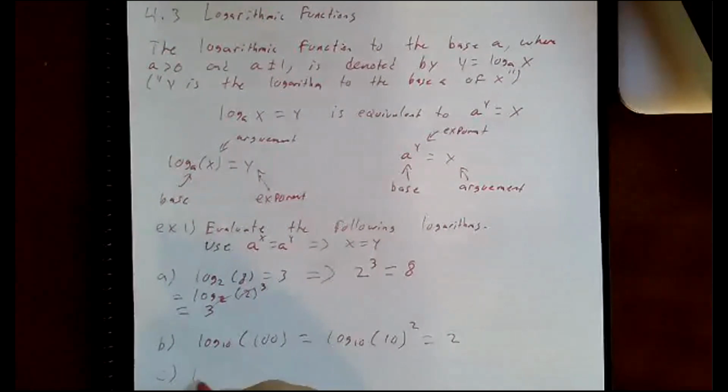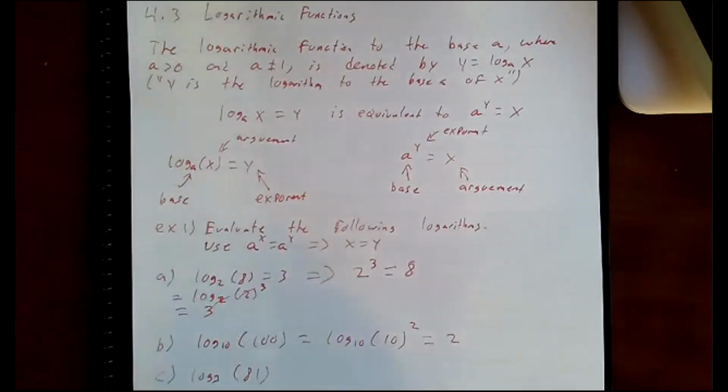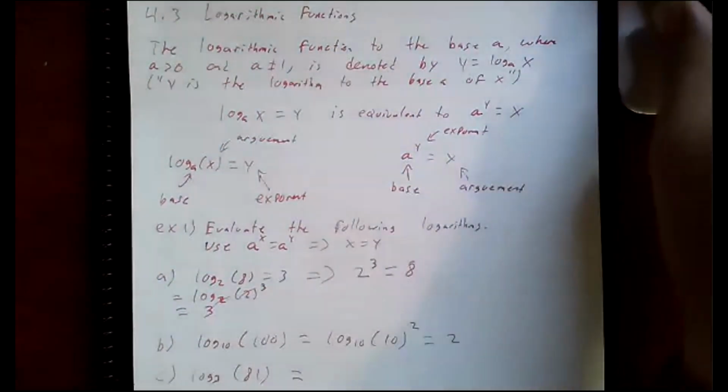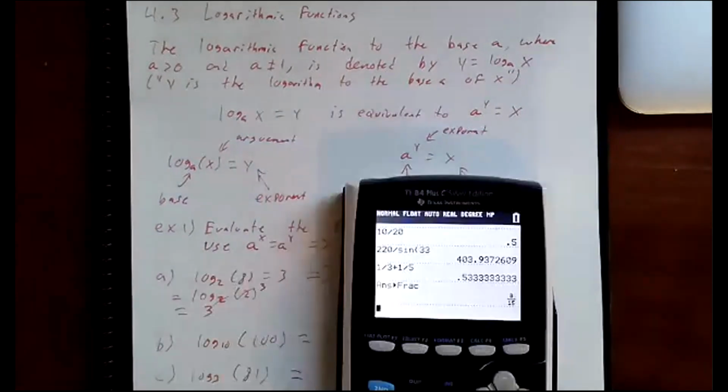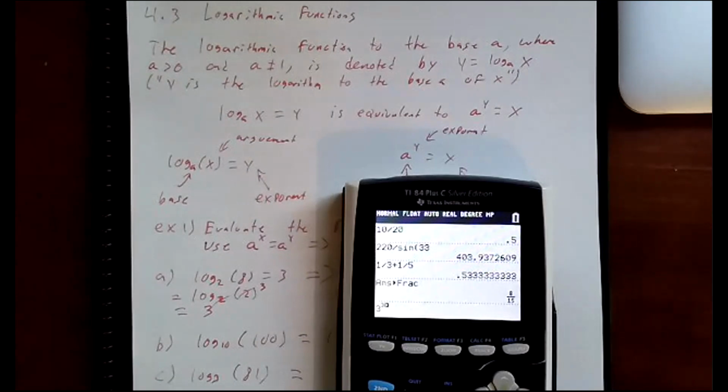Let's do a couple more. Log base 3 of 81. Okay, can I rewrite 81 as a power? And if you can't see it, just try multiplying 3, or the base, a bunch of times. Just say, you know what, I don't know what 81 is, but 3 to the third is 27. 3 squared is smaller, so that doesn't make sense. 3 to the fourth is 81.